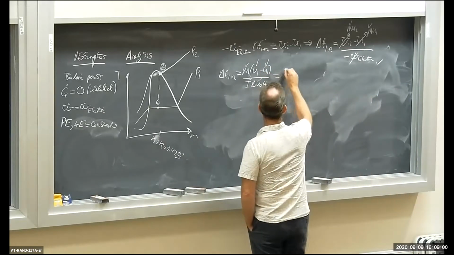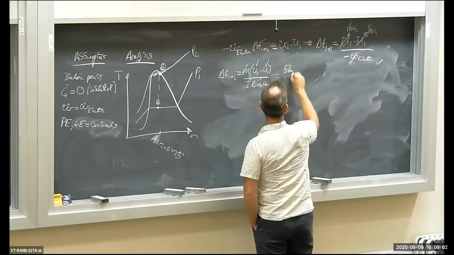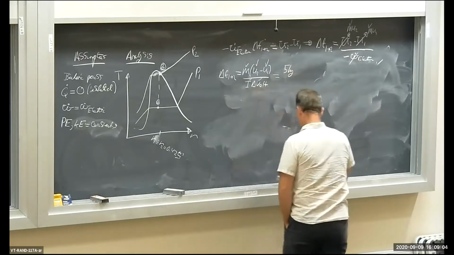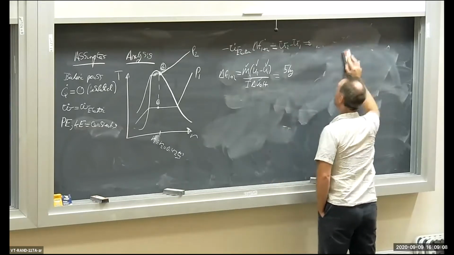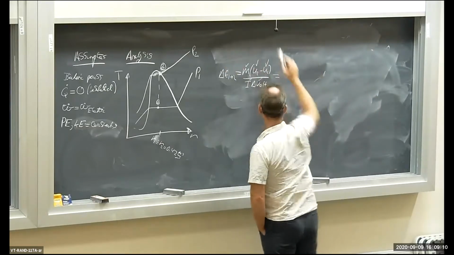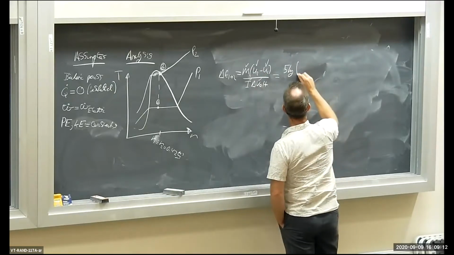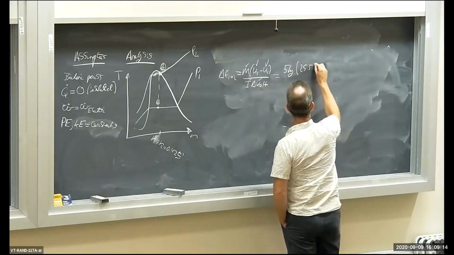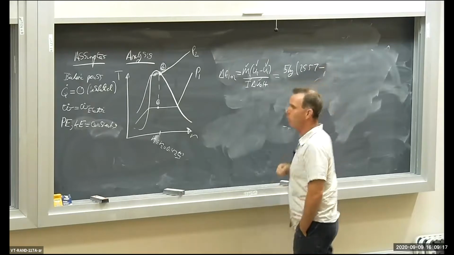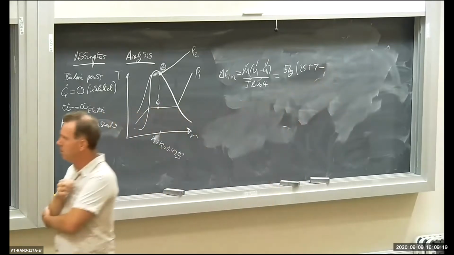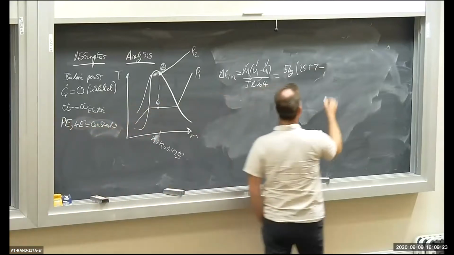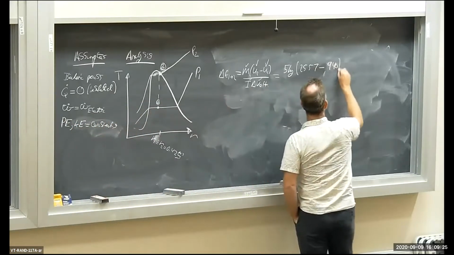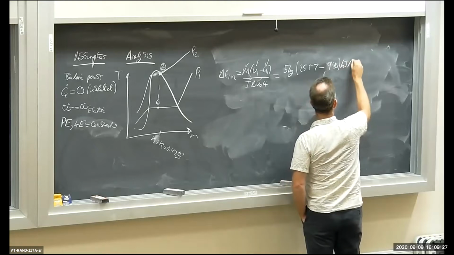We have 5 kilograms of the stuff. U2, 2,557, minus U1, 940, and this has units of kilojoules per kilogram.